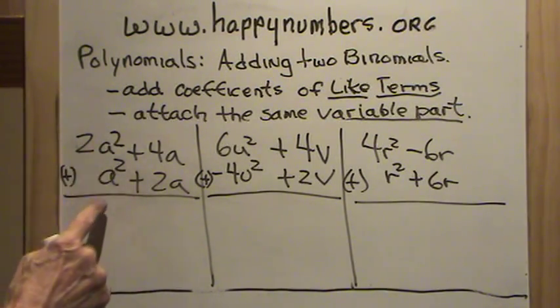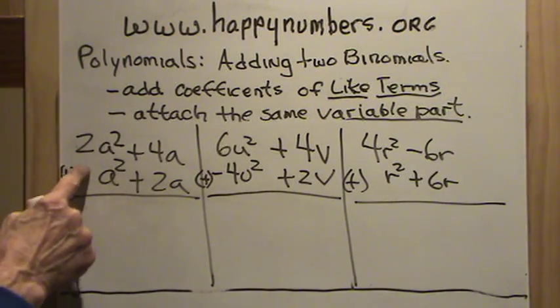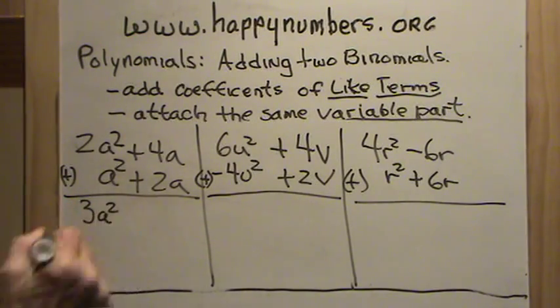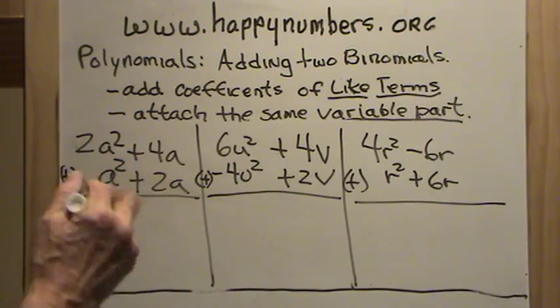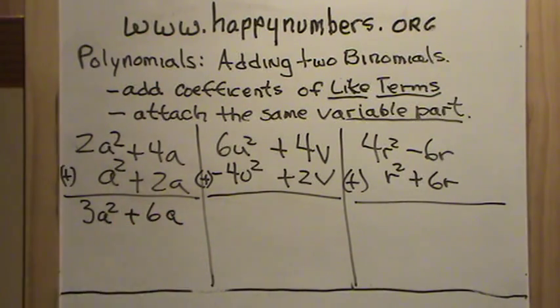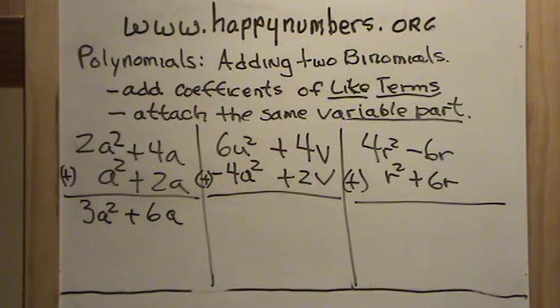Well, these are like terms, so we can add 2, and remember this is 1, would give us 3a squared. And we have like terms here, so 4 and 2 plus 6, and we use the same variable term, a. Good. By the way, this was supposed to be a u. I hope that didn't confuse you.